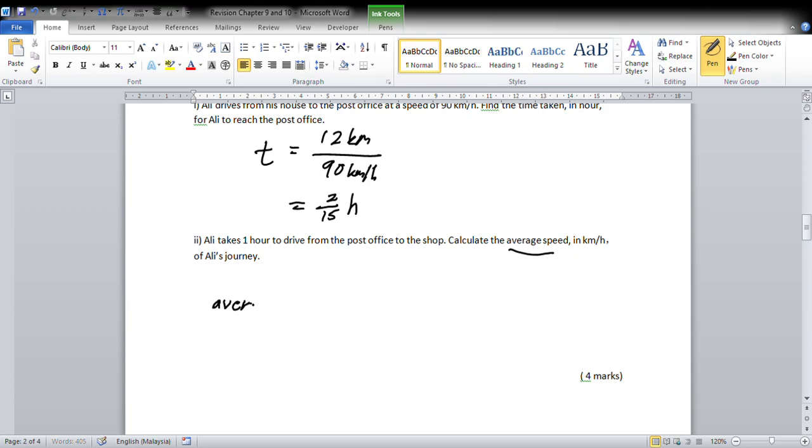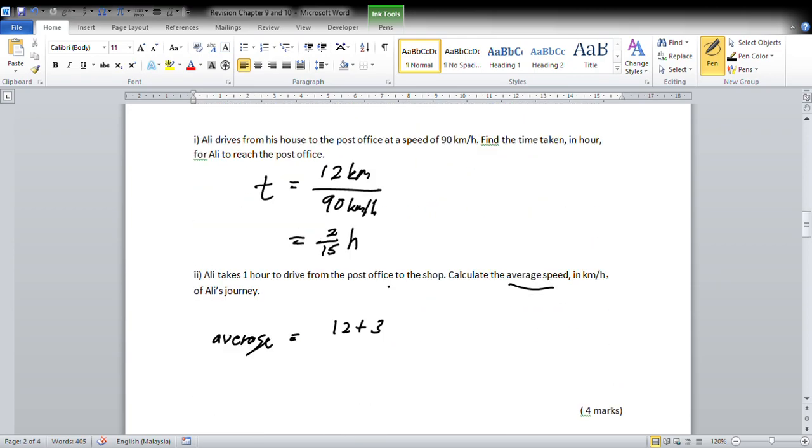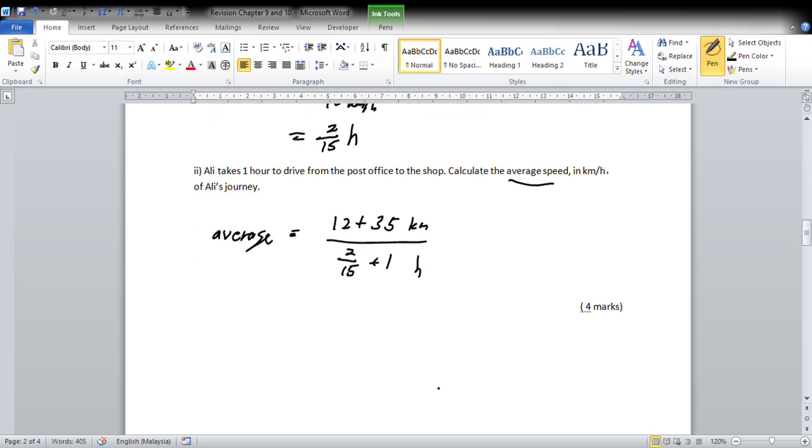So to calculate average speed, we need total distance, which is 12 km plus 35 km, over the total time taken, which is 2 over 15 plus 1. So you will have 47 km divided by, you simplify the fraction, 17 over 15 hour.